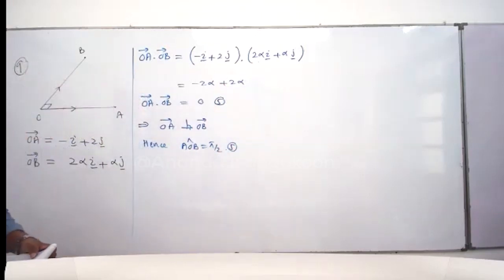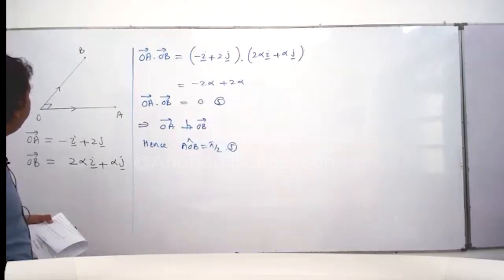Next one, asking this. Let C be the point such that OACB is a rectangle. If the vector OC lies along the y-axis, find the value of alpha. Now OACB.